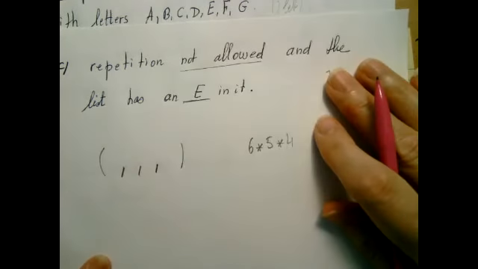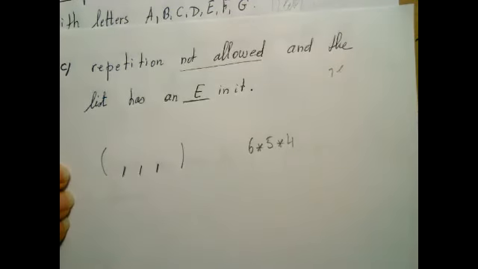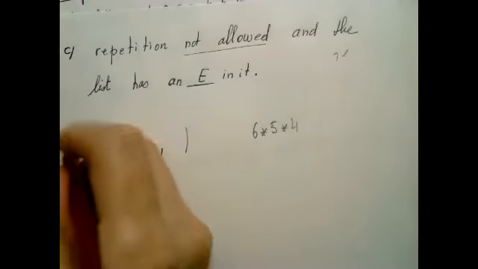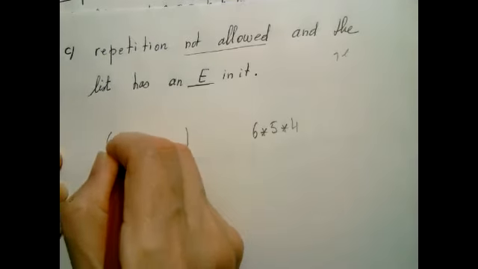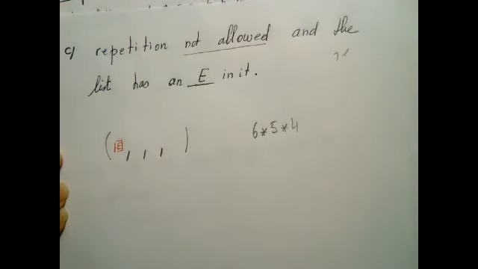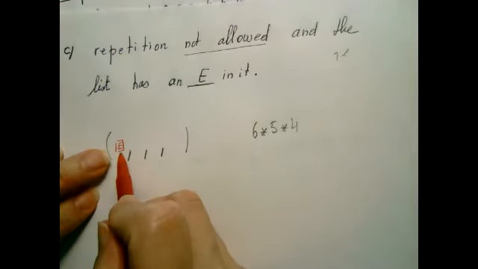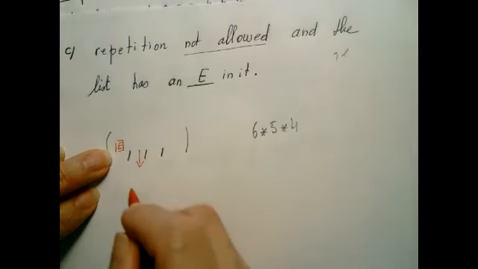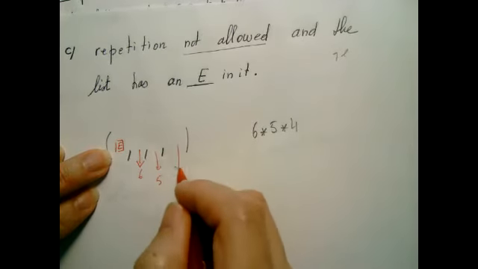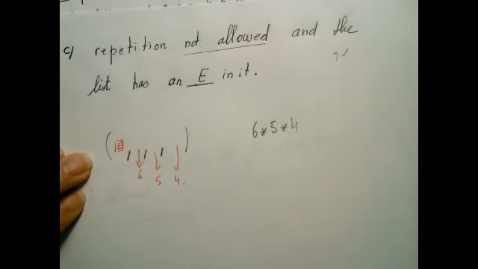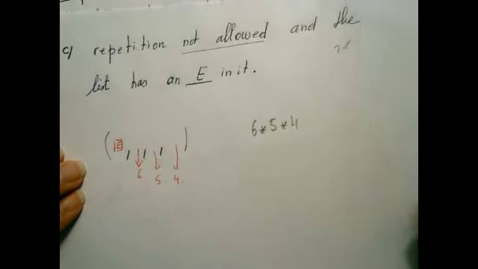Okay. We have to split the problem in cases in a way. All right. I'm going to take the first case where the E is here. Okay. E is here. How many choices do I have now? 6 by 5 by 4. Correct?